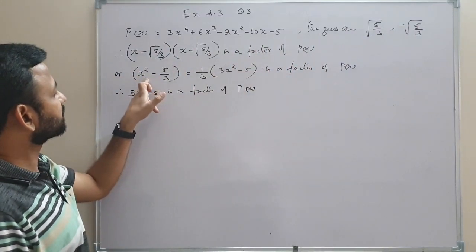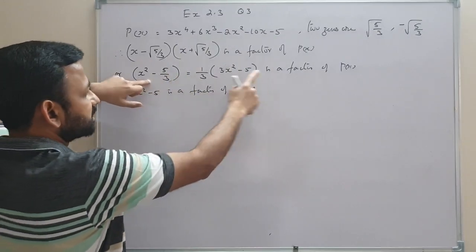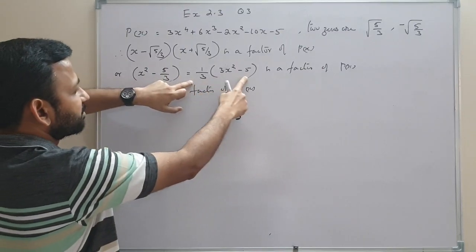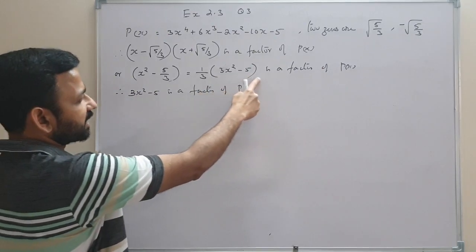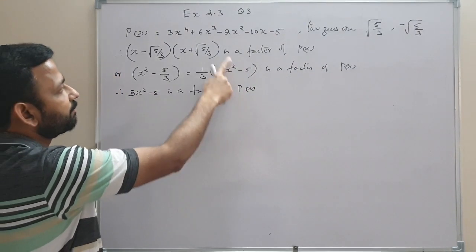That is x square minus 5 by 3 is a factor of Px, or with 1 by 3 outside, 3x square minus 5 is a factor of Px. 1 by 3 into 3x square minus 5 is a factor of Px, therefore 3x square minus 5 is a factor of Px.